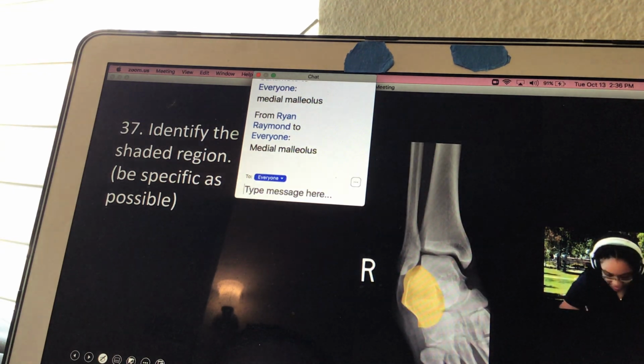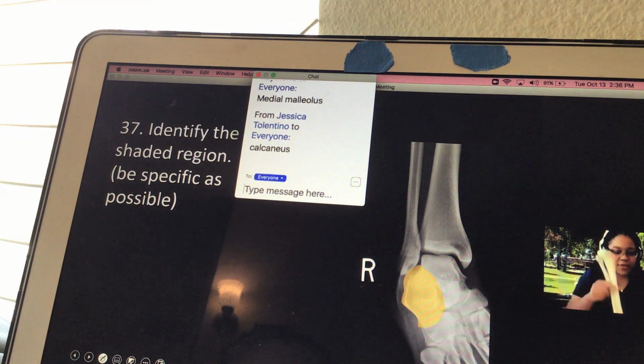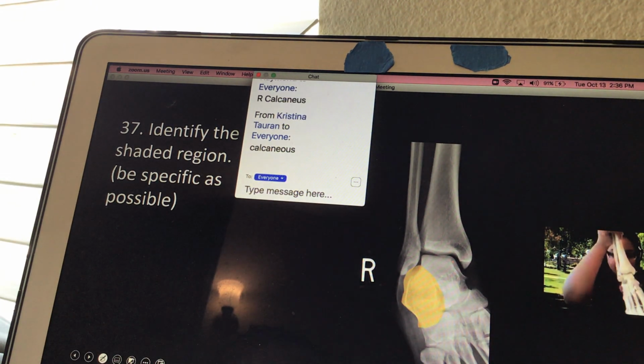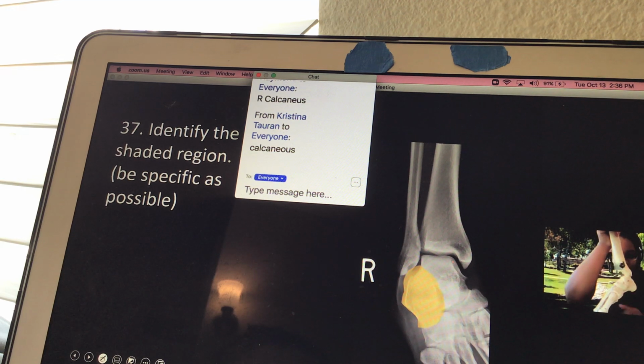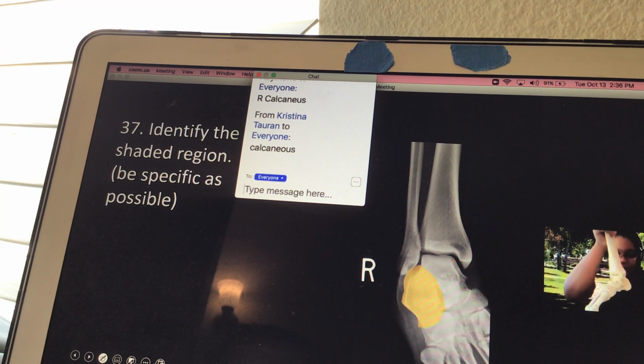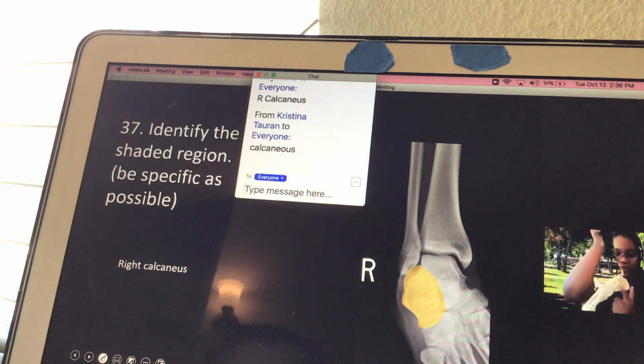Now, what's the structure? I have the foot tilted. Yeah, good. So that's our calcaneus. That's what we're seeing there.